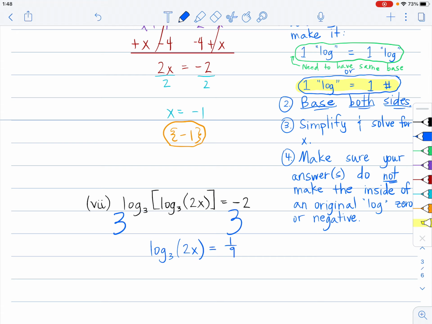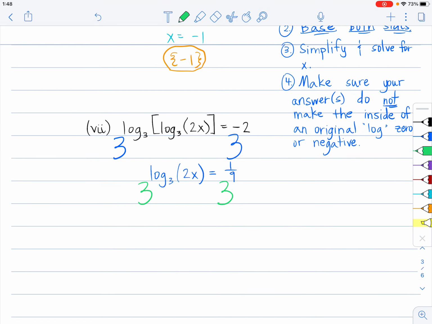Once I have one log equal to one number, oh look, it happened again. How do I solve him? I still base both sides. And this gives me 3 raised to the log base 3 cancels and 2x falls out.